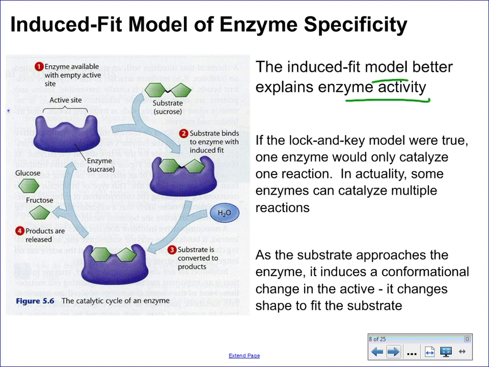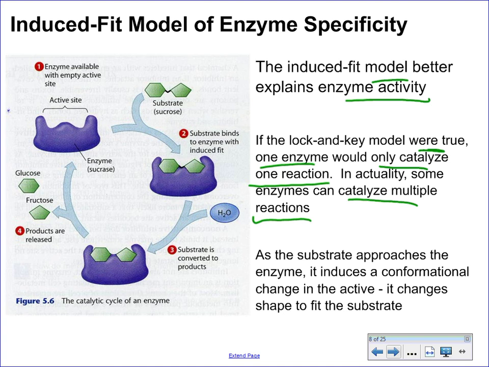It turns out that if the lock and key model were true, one enzyme would only catalyze one reaction. In actuality, enzymes can catalyze multiple reactions. So there can be multiple substrates for one enzyme. The induced fit model better explains how one enzyme is able to catalyze reactions for multiple substrates.